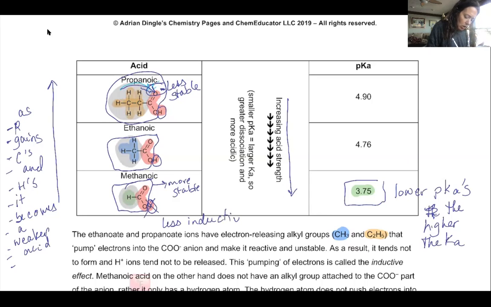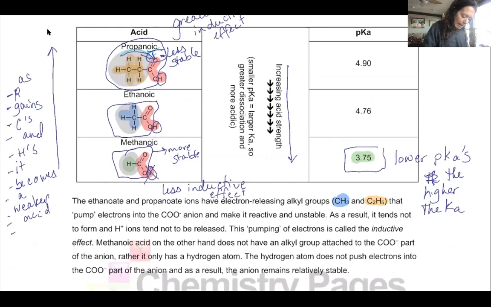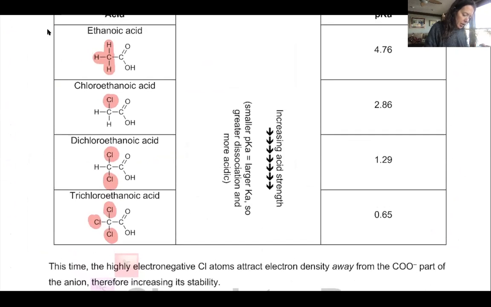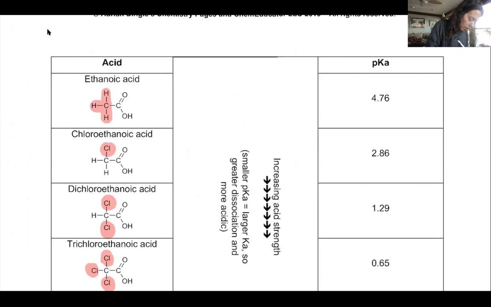I'm really beginning to start understanding it, so I can answer some questions based on what I'm understanding. And this has a greater inductive effect. That inductive effect of pushing those electrons towards the anion is not a stable thing. So it doesn't form. So it's weaker in relation to its structure. However, notice here, what we have is our ethanoic acids again, our carboxylic acids.